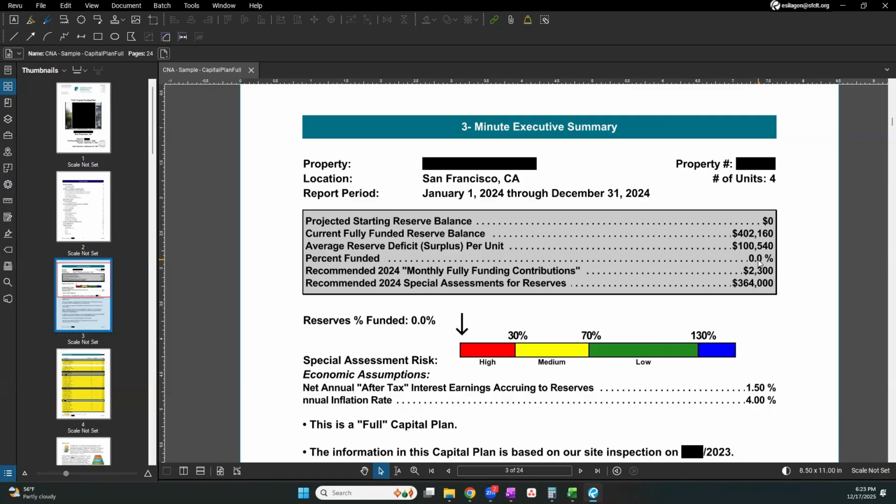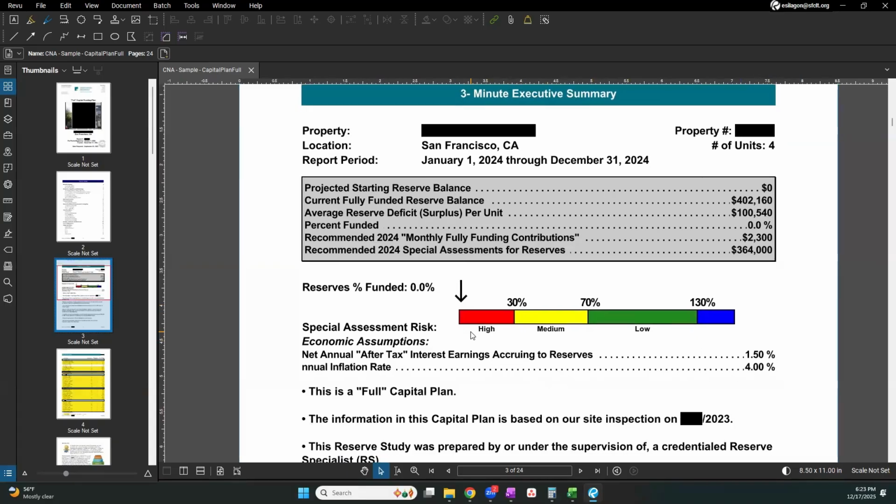And based on all the analysis they do, they recommend that starting in 2024, we contribute $2,300 monthly. And just a note on the date, this reserve study, I believe, was done at the end of 2023. So year 1 of the reserve study is 2024. They also recommend, because we're starting from 0, that we have an initial deposit of $364,000 into our reserve account.